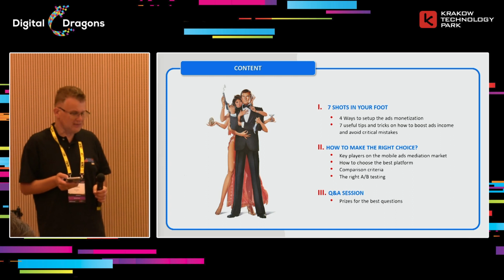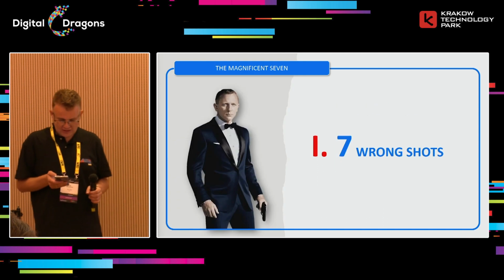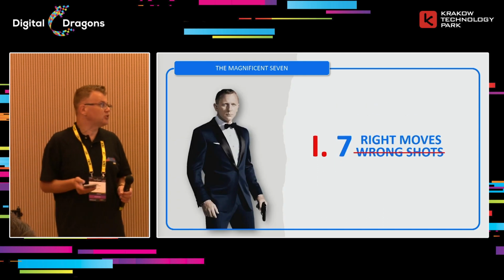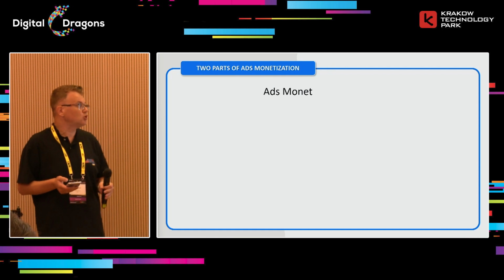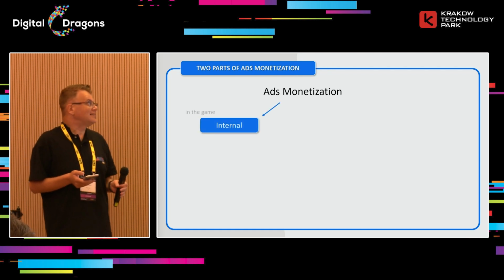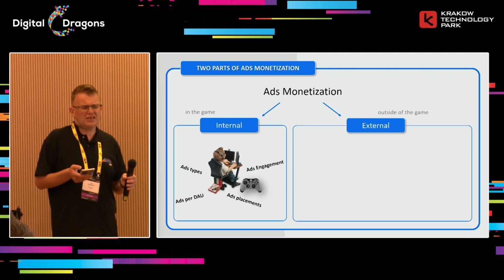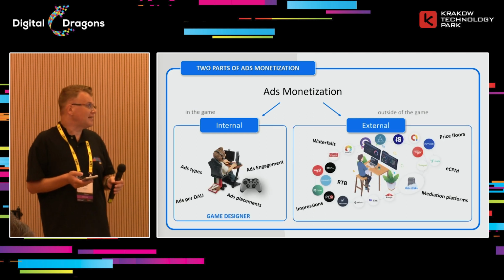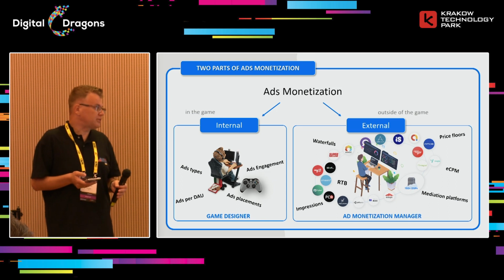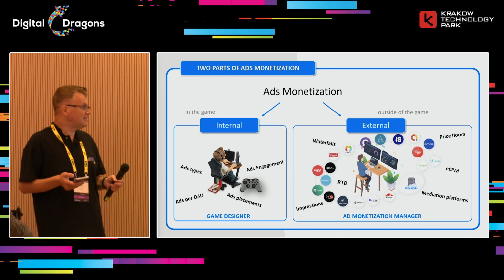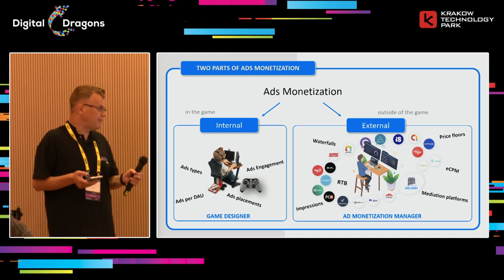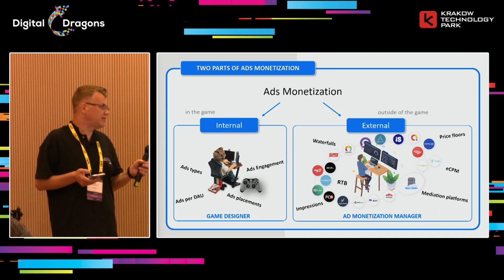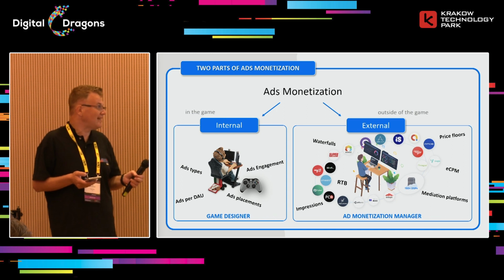Before we dive in, I'd like to say that monetization can generally be divided into 2 big parts: an internal part and an external part. The internal part is about what is inside the app, about ad types and ad placement. The most important KPIs there are ads per DAU, daily active users, and ads engagement.